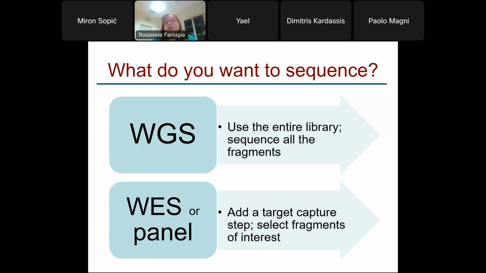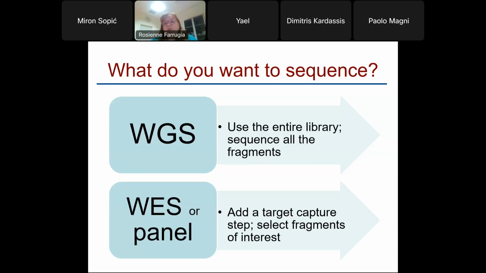Your pool of sequencing fragments is smaller, and so you can sequence them much more for the same amount of sequencing information. And this gives much higher depth of coverage. So depending on what the question is, one may opt for whole genome sequencing or for selected panel sequencing, depending on how much depth of data one requires for a sample.